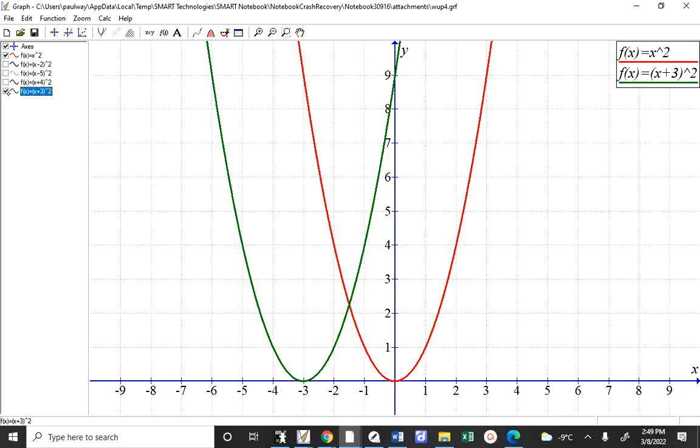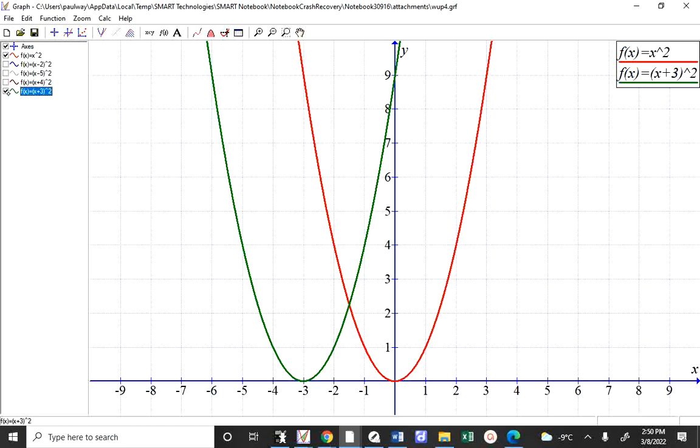So first of all, it has something to do with left-right because that number is not being added to the old y coordinate. It's being added or subtracted from the x coordinate. But it moves in an opposite direction to the sign. So be careful about what you conclude because we're not done here yet.